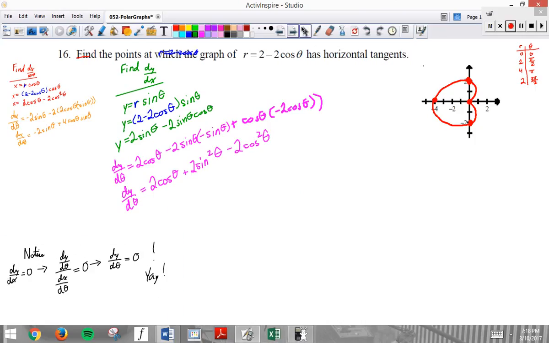So, I want to set dy d theta equals 0. Okay, we have a bunch of stuff in terms of cosine and one thing in terms of sine. It's sine squared. I'm going to use the Pythagorean identity: sine squared equals 1 minus cosine squared.